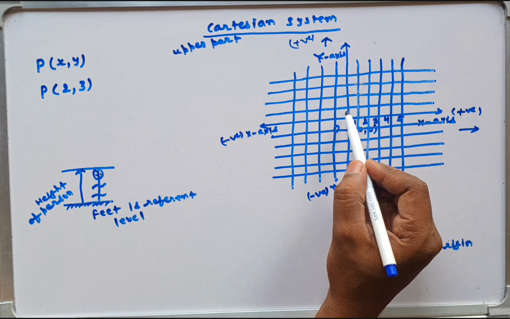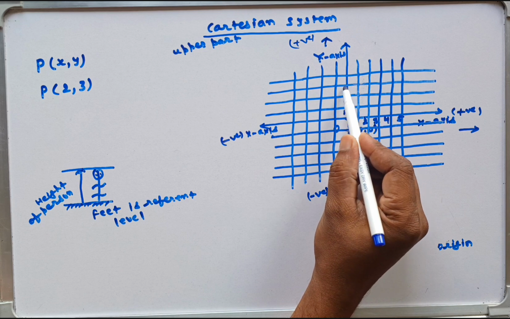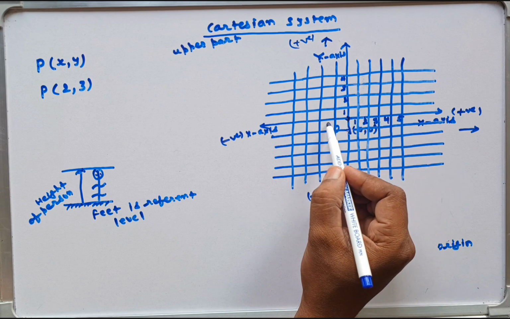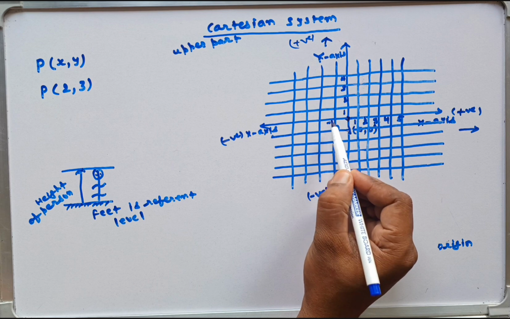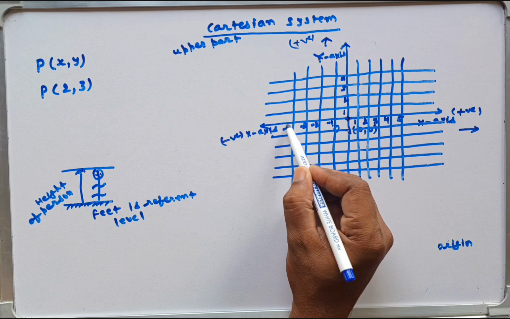In the up direction, this is 1, 2, 3 and 4. On the left direction, this is -1, this is -2, this one -3, this one -4.